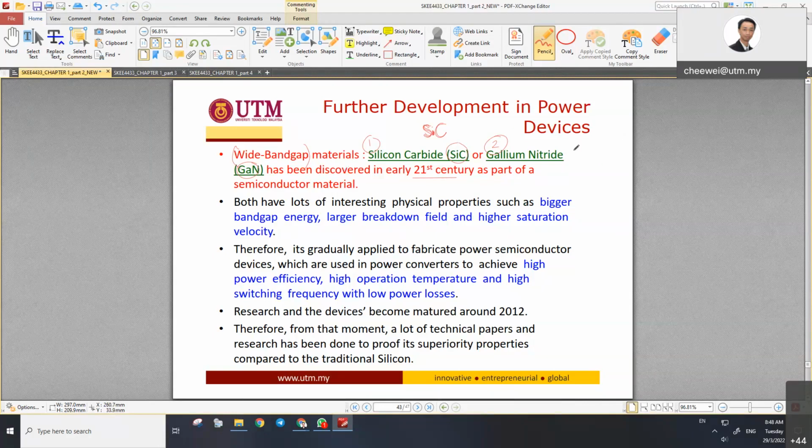So the diagram looks somehow like this. You have first, second, this is the band gap. This is the energy that you need to cross from the bottom, which is what? Insulating. And the top one is the conducting.